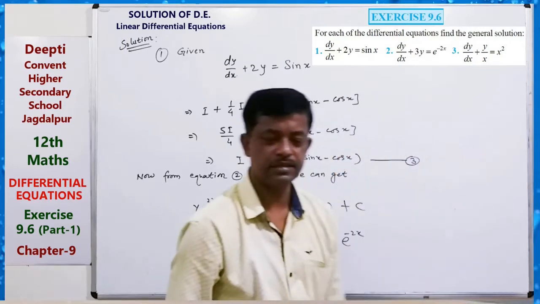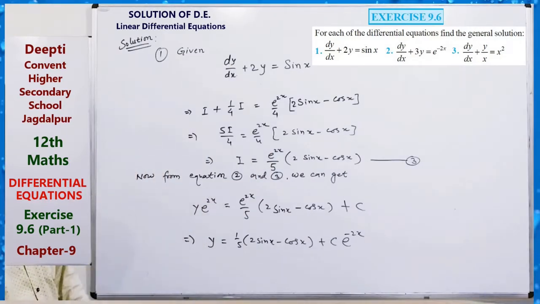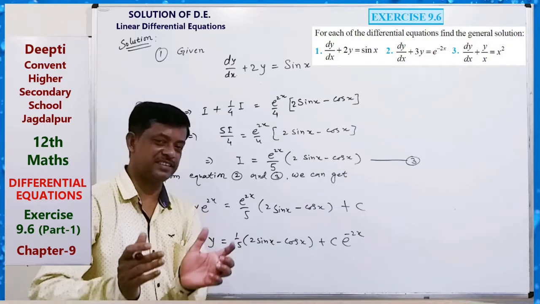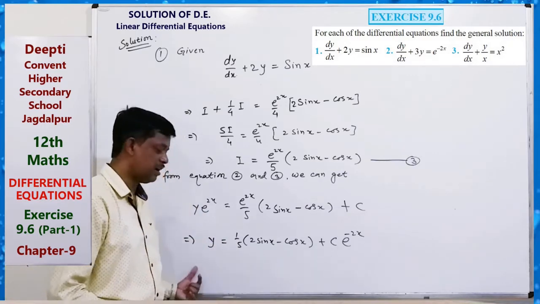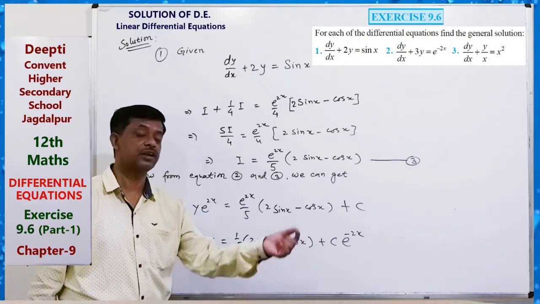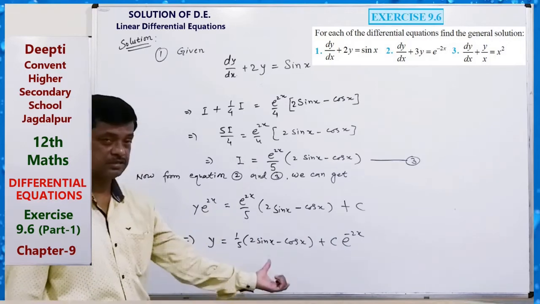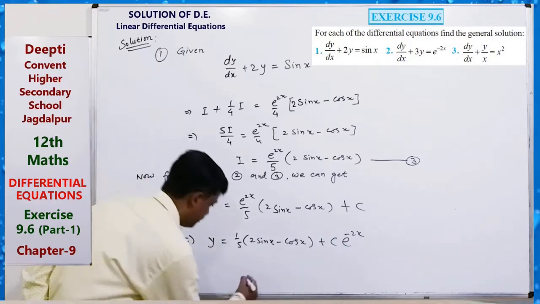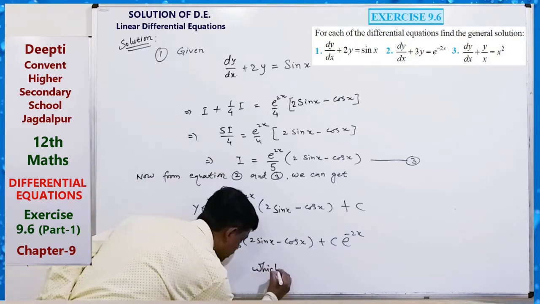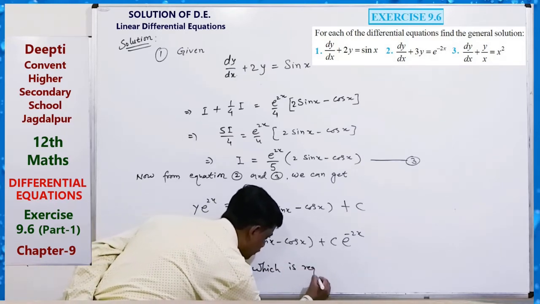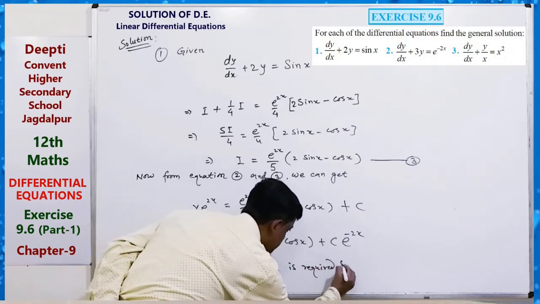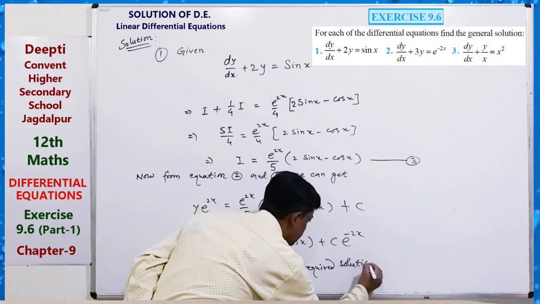Yes, so this is the solution. Main thing is integration on the right hand side. y e to the power integral p dx equals integration of q e to the power integral p dx dx. Integration is the main part. So this is the required solution.